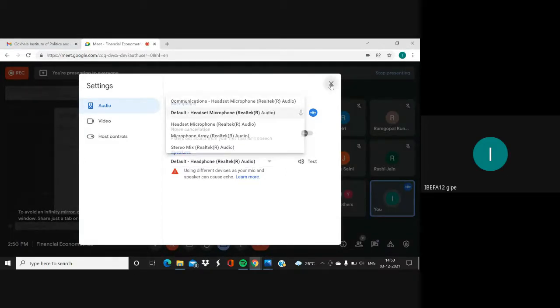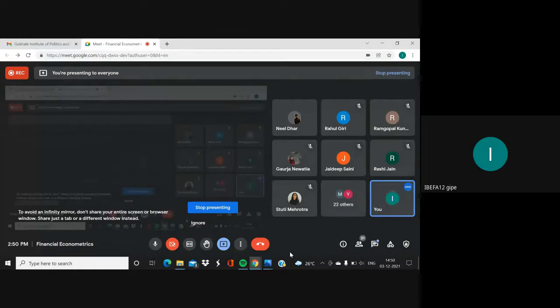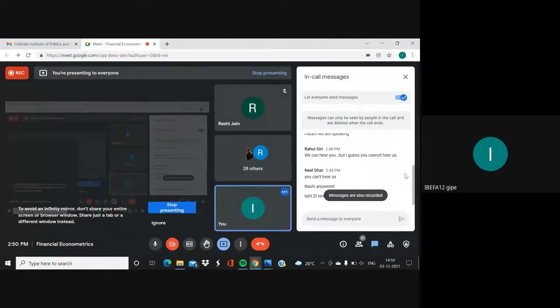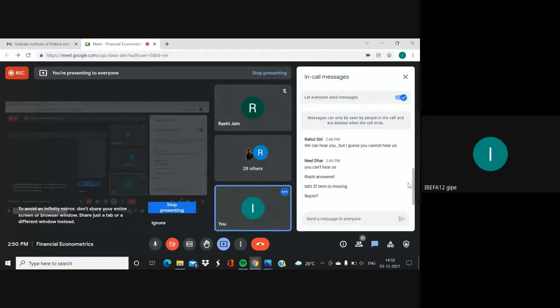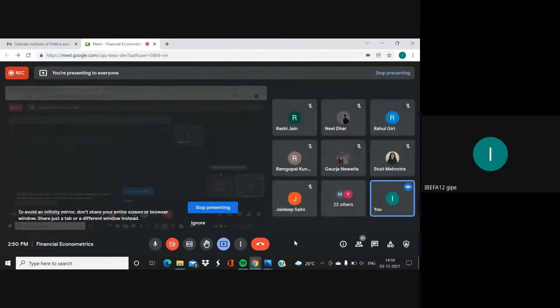I don't know what the problem is. So anyway, fine. You can type in the chat box. That ZT term is missing. All right, let me try and rejoin. I'm just stopping for a minute and I'll rejoin. Let's see if that fixes the issue. All right, please don't leave the class.